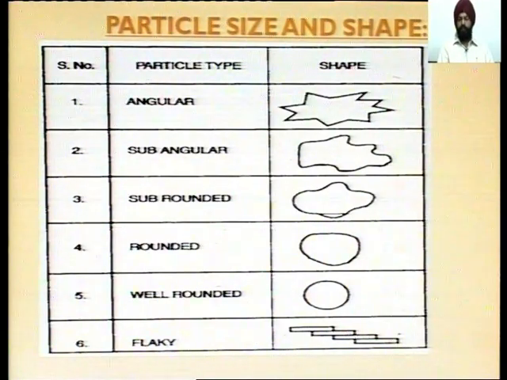Number 2 subangular, number 3 sub-rounded, number 4 rounded shape particles, number 5 well rounded, and number 6 flaky shape particles of the soils. So, these are the many types of shape of the particles: angular, subangular, sub-rounded, rounded, well rounded and flaky type shapes.